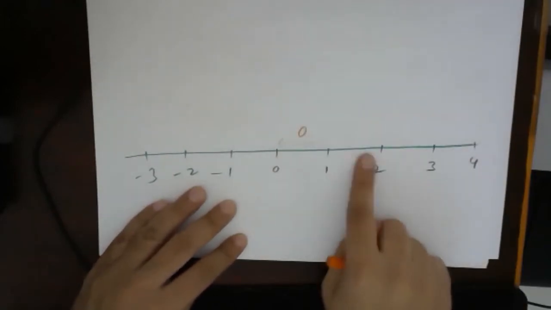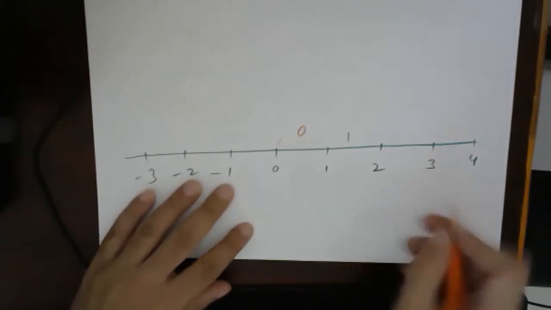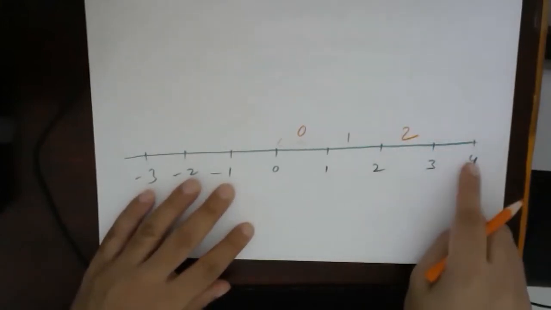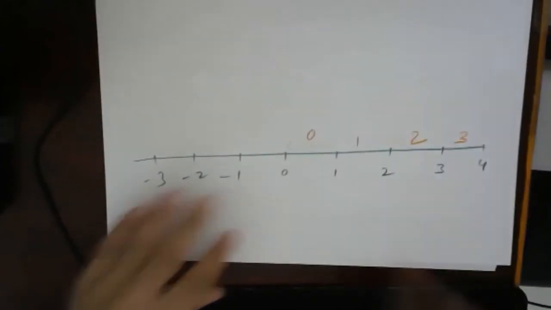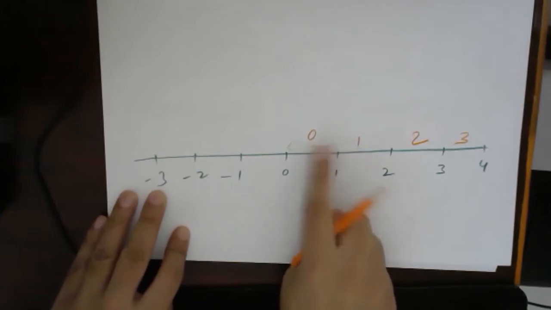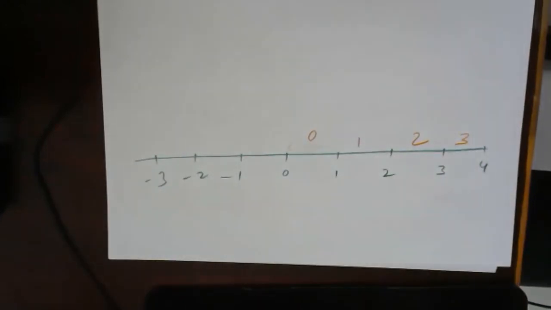Between 1 and 2, it is 1. Between 2 and 3, it is 2. Between 3 and 4, it is 3, and so on. Every greatest integer is increasing by 1, obviously.